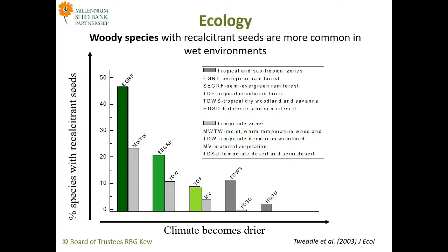So woody rainforest species, for example, are more likely to produce desiccation-sensitive seeds, some even up to 50% more likely, while woody savanna species are more likely to produce desiccant-tolerant species.